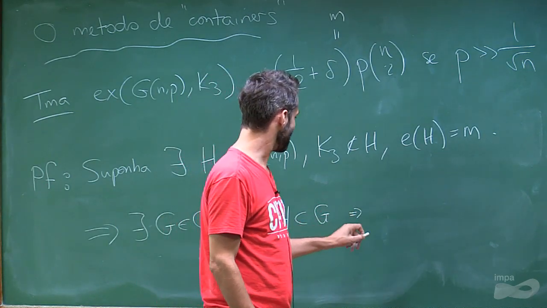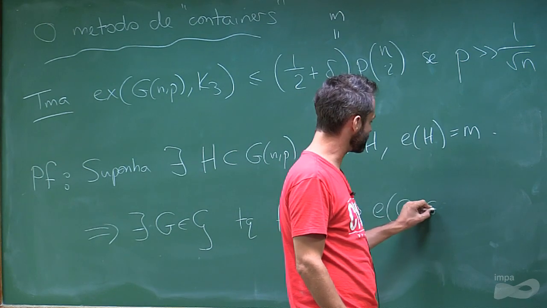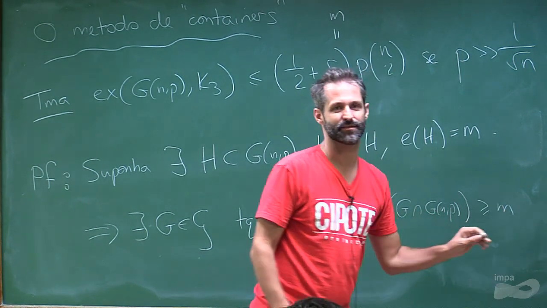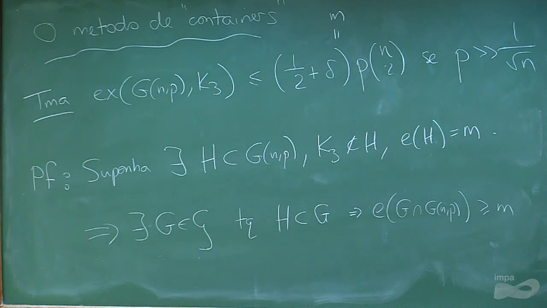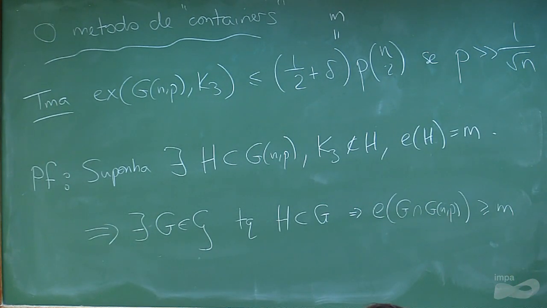So this implies that the number of edges of G intersect G(n,p) is at least m. That's what we know. So we're worried about there existing G in the collection such that the number of edges of G intersect G(n,p) is at least m.